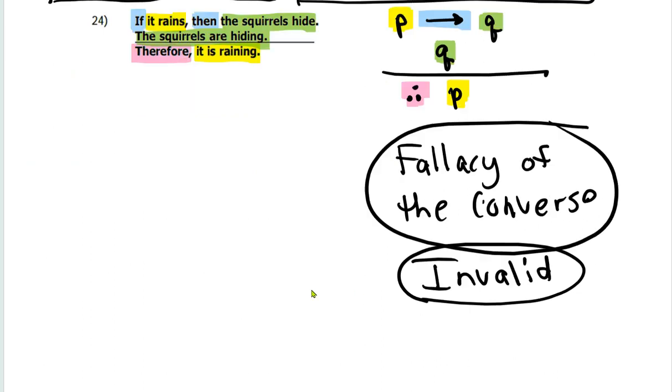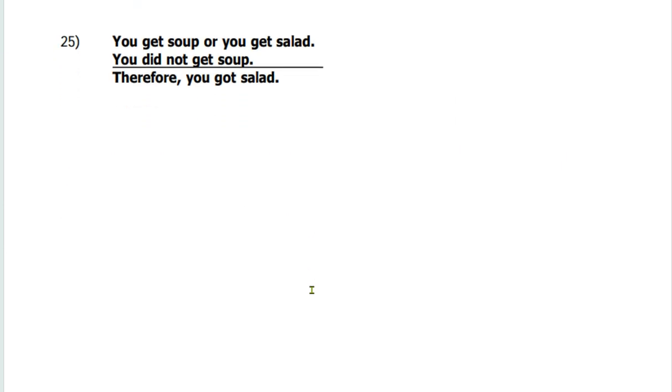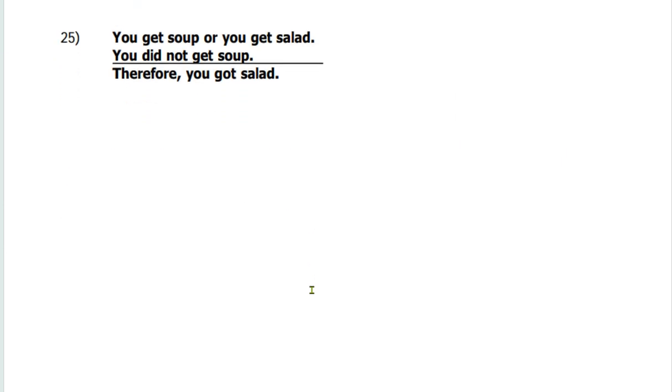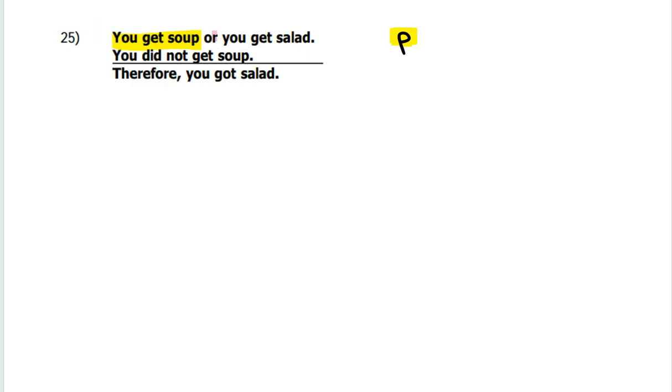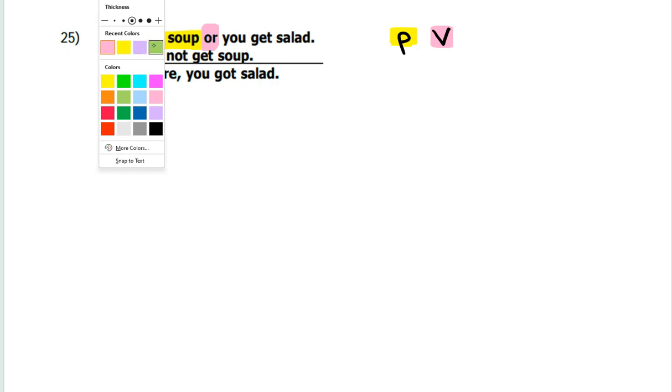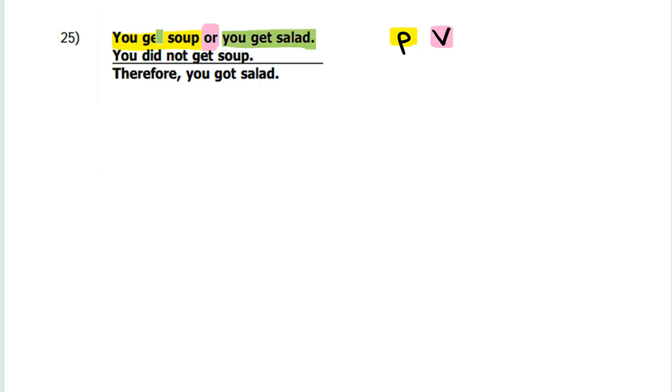Come on. All right, another one, 25. Same thing. You get soup or you get salad. I'm going to let you get soup be represented by the letter P. And on this one, we have an or, and the symbol for or is the V. And then it says you get soup or you get salad, so salad will be the letter Q. That's my first premise.